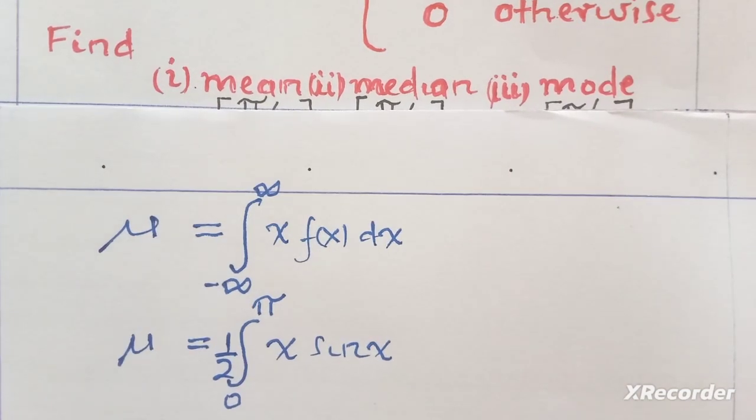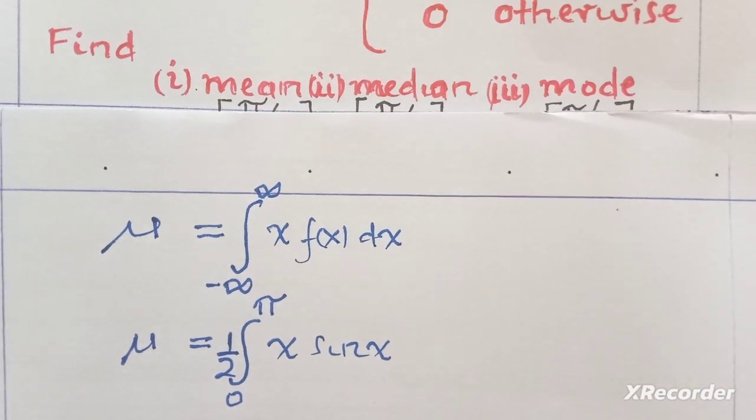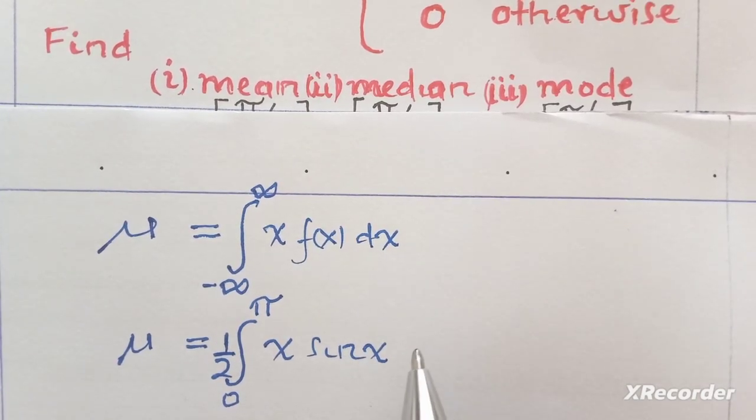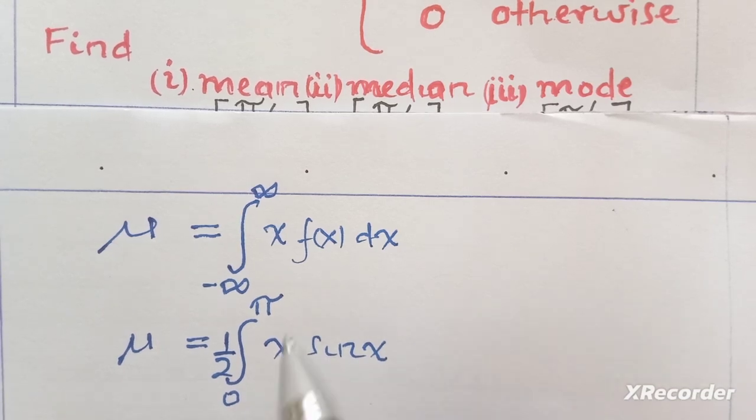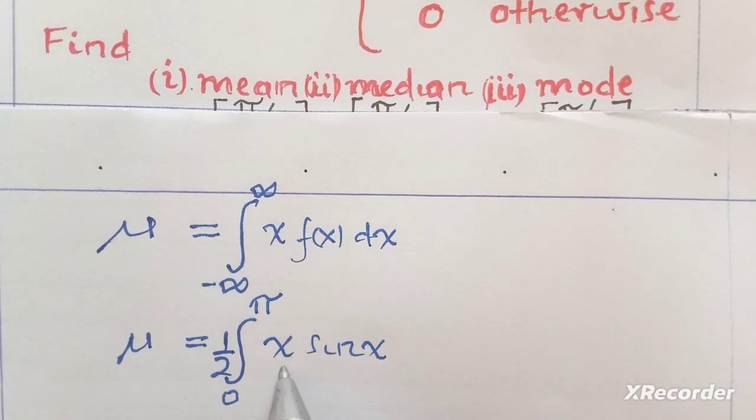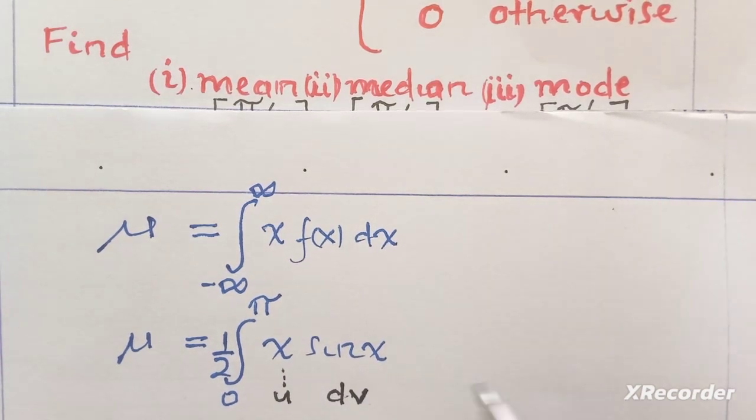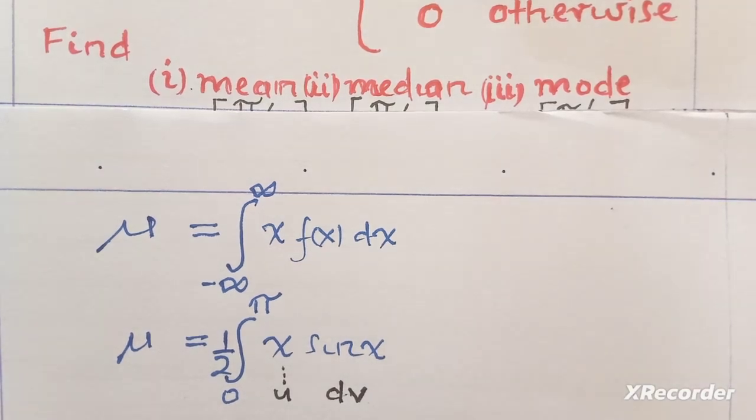So guys, from there we come and integrate that. We can use what we call integration by parts, whereby we say that this one is supposed to be u, and this one we give it a value dv. So u is equal to x, and dv is equal to sine x.